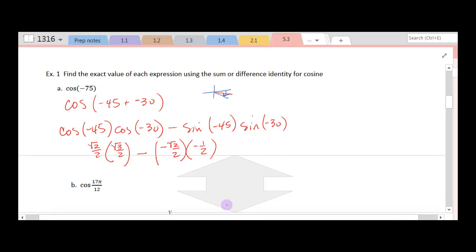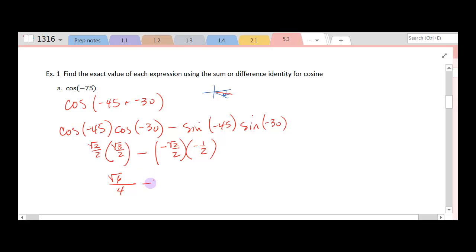Now it's just simplifying these fractions. When I multiply the two fractions at the beginning, I get the square root of 6, since 2 times 3 is the square root of 6, all over 2 times 2, which is 4. And here I have minus the square root of 2 all over 4. And that's the solution.